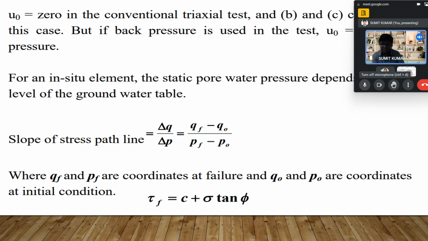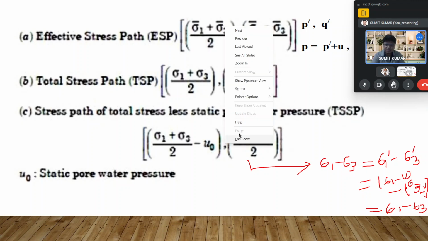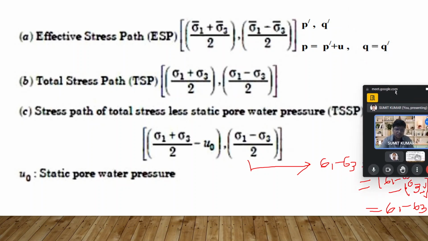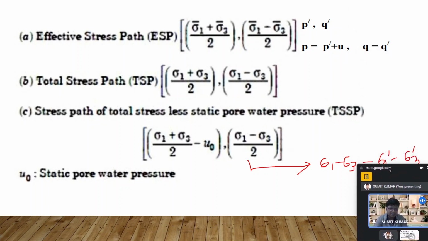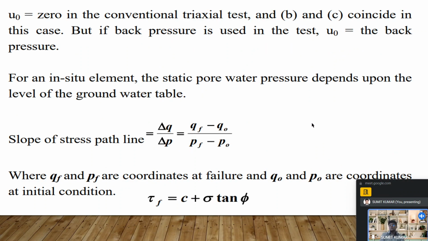So over there, in the previous statements I have stated the different values. Now I'll try to explore those things for you. First of all, you have understood what is going to take place. U0 is 0 in a conventional triaxial test.